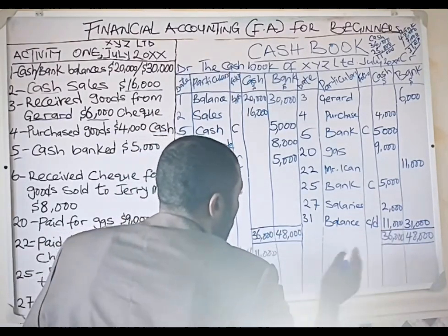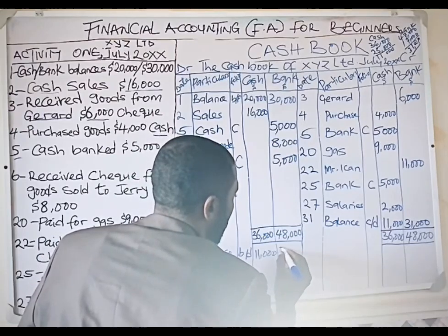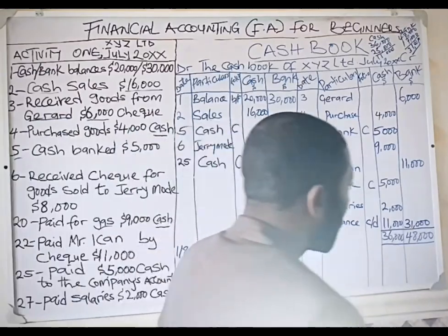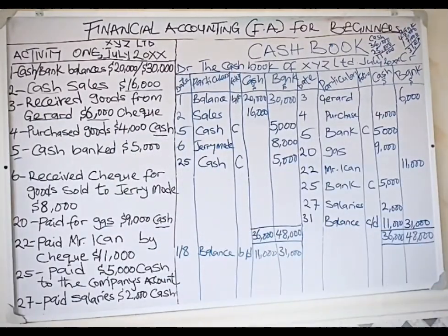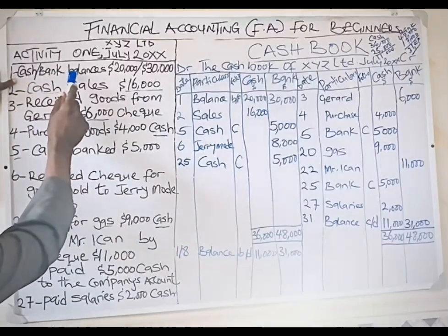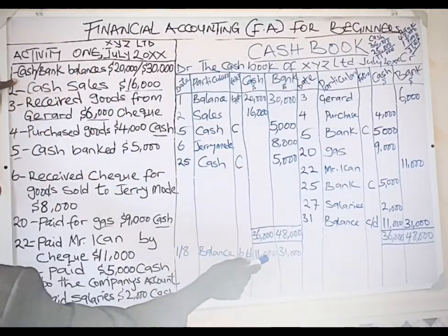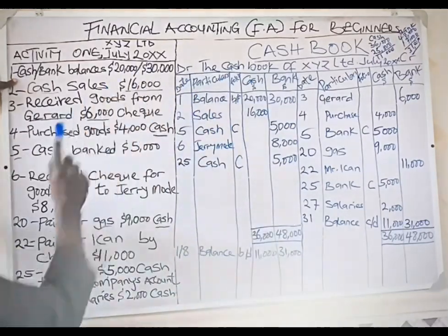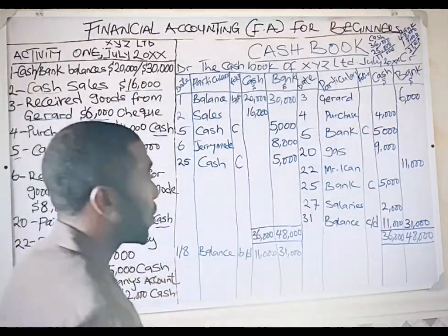And at the bank column, we have 31,000. Simple as that. So this is telling us that the next month, August, we are having $11,000 at the cash column, and we are having $31,000 at the bank column. So it will appear like this. Here will be for the cash, it will be 11,000. For the bank, it will be 31,000. So this is all about cash book.